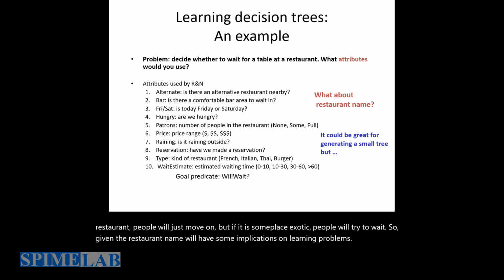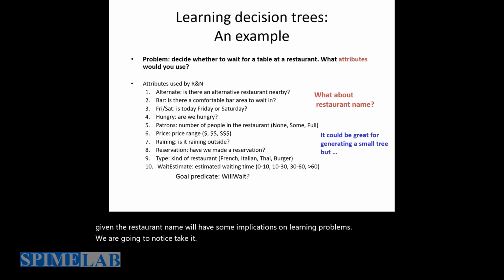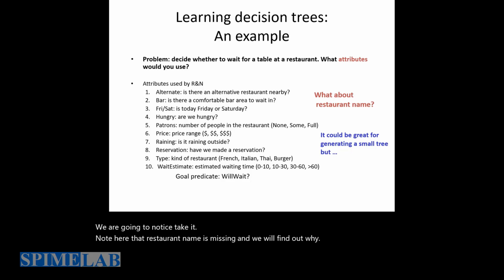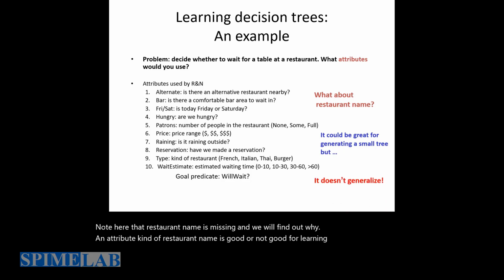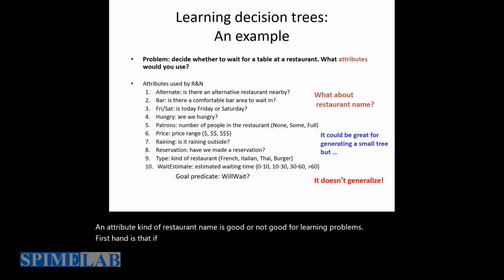We are going to take a note here that restaurant name is missing, and we will find out why an attribute like restaurant name is good or not good for learning problems. First hint is that if we include restaurant name in the learning problem, it won't generalize well.